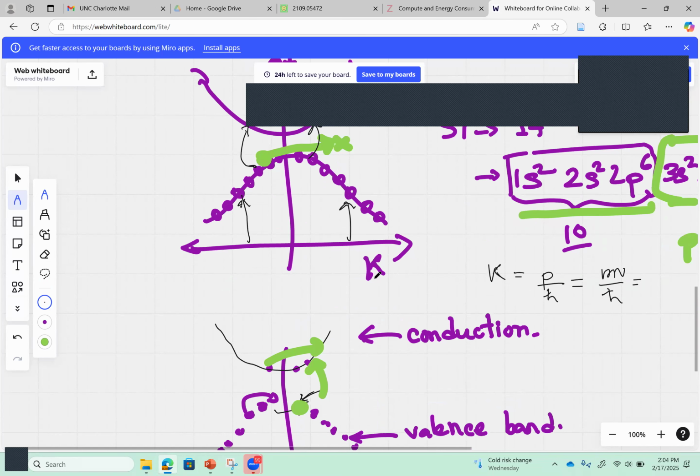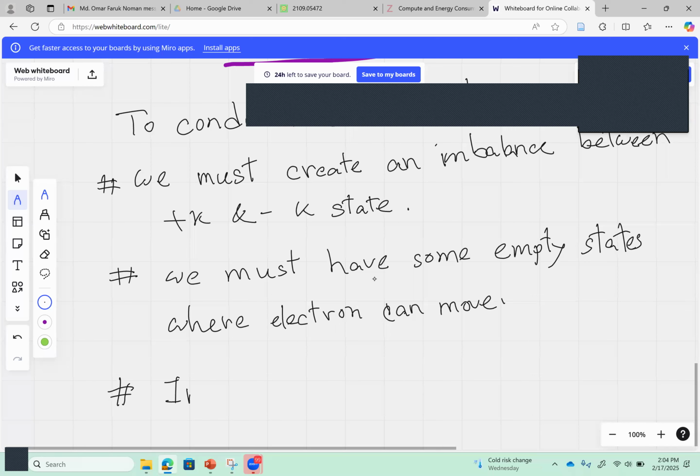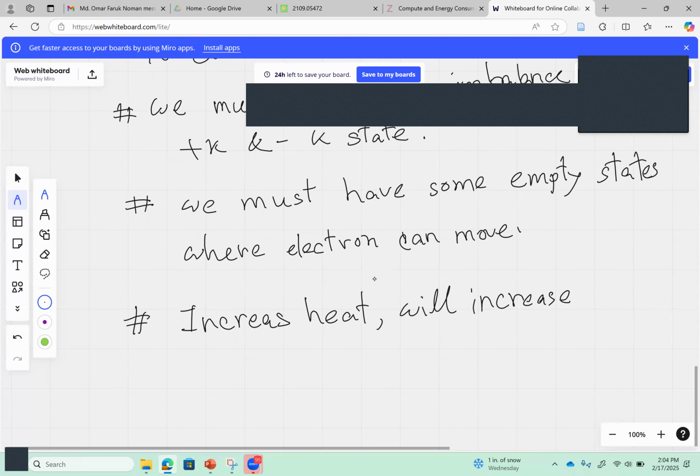So I'll write it here. Increased heat will increase conductivity of semiconductor.